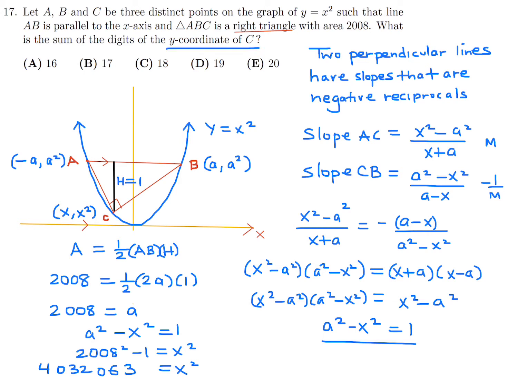And x squared represents the y coordinate of C. Correct? Right there. And they want you to figure out the sum of the digits. So the sum of the digits are 4 plus 3 plus 2 plus 6 plus 3. And that is 9 plus 9, which is 18. So number 17, the answer is C.